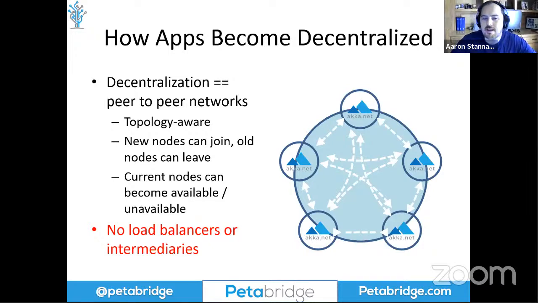Now, probably the biggest thing that's different about having a decentralized application is that load balancers and application gateways and all these other intermediaries that you normally use for connecting stateless services together are total cancer inside a peer-to-peer network, because they interfere with the process of topology discovery.